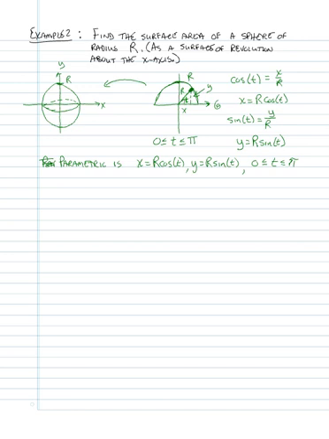Now be careful, we wouldn't want to rotate the entire circle, would we? That would be another thought. But let me make a point here: rotating the whole circle would create two spheres.